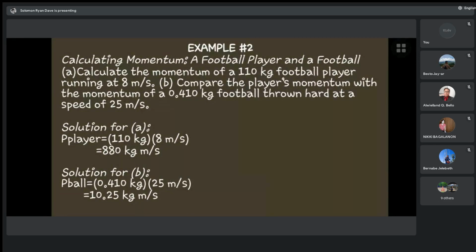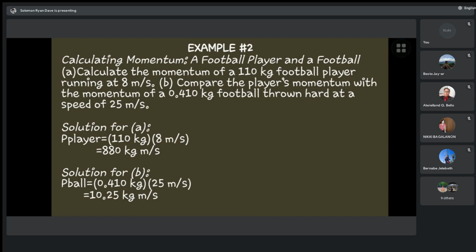Example number 2. Calculating momentum. A football player and a football. A. Calculate the momentum of a 110 kilogram football player running at 8 meter per second. B. Compare the player's momentum with the momentum of a 0.410 kilogram football thrown at a speed of 25 meter per second.